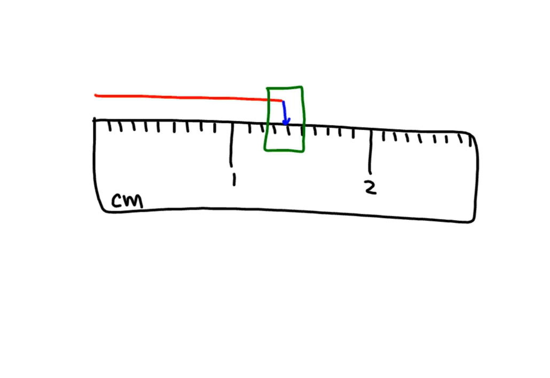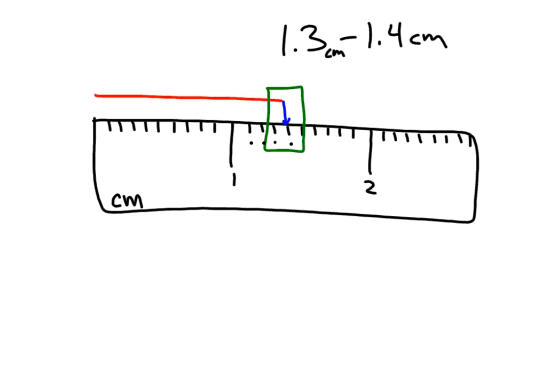So, important to note that I have this uncertainty, because I have to estimate what that is. If I want to know what this red line's length is in centimeters, it's 1 centimeter, and this is 1.1, this is 1.2, this is 1.3, and that's 1.4. So this line is somewhere between 1.3 and 1.4 centimeters.